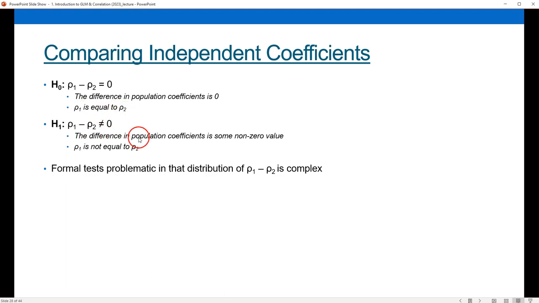Our alternative hypothesis is that rho 1 does not equal rho 2. We're saying that the difference in the population coefficients is some non-zero value, again with our non-directional test. What we're saying here functionally is that the association between x and y differs in this group relative to what we would expect in this other group.